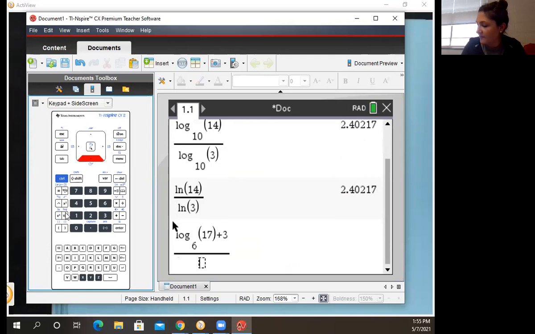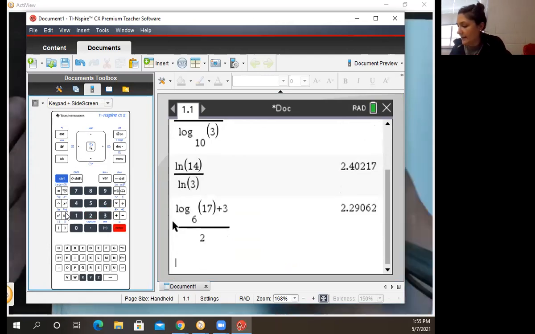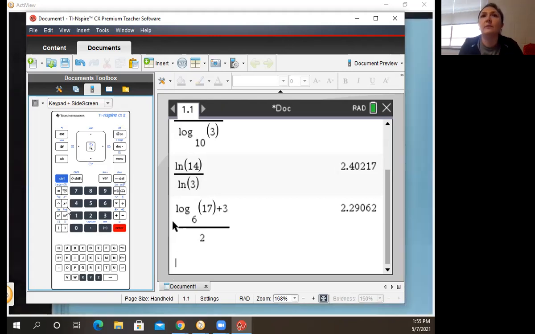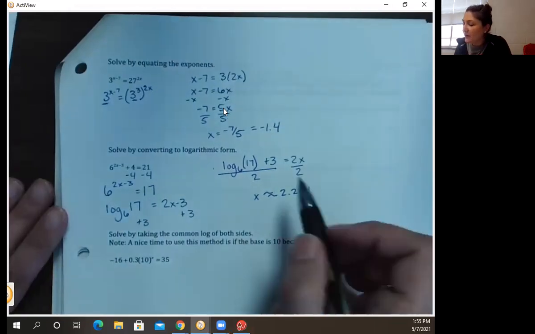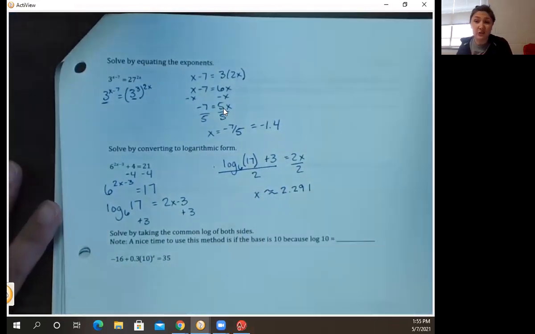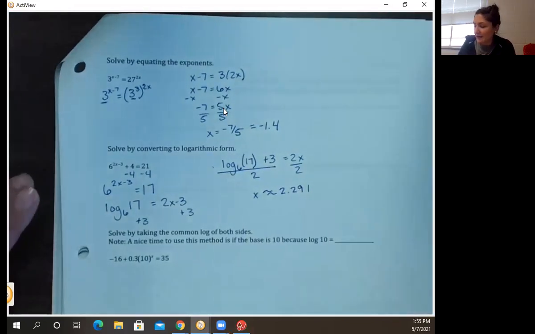And then on the bottom, I'm dividing by 2. So I get x to be approximately 2.291 if we round to 3 decimal places. And I typed it all in at the end, that way I didn't lose any precision. If I round in the middle of my problem, my answer isn't quite as exact.